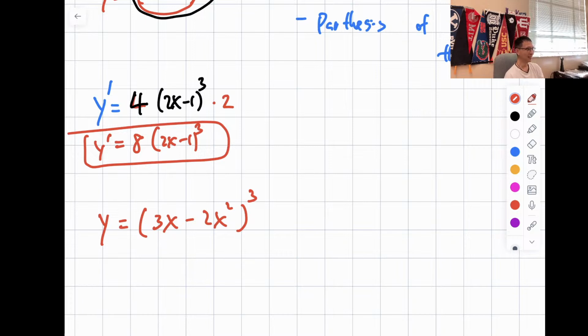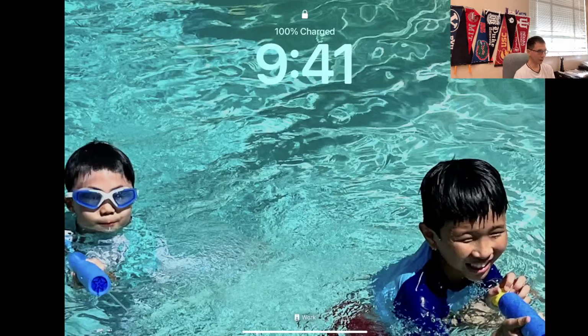You treat this as one thing. You move the 3 out to the outside and change the exponent to a 2. The 3x, negative 2x squared, 2 down to 4x. I think it looks good.